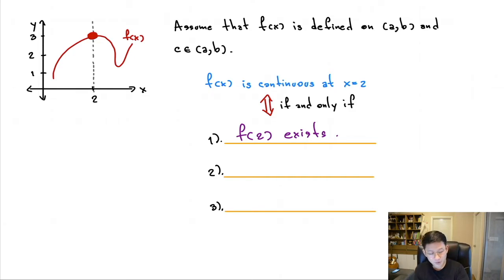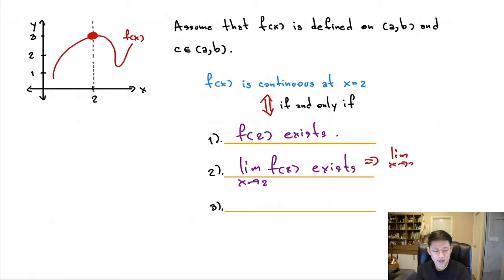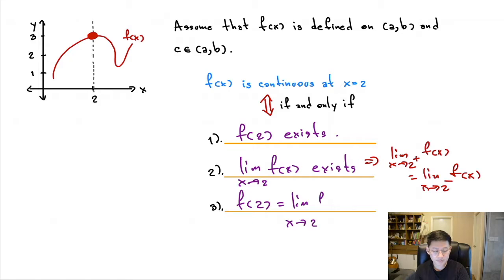Second, the limit as x approaches 2 of f(x) exists. This means that the limit as x approaches 2 from the right of f(x) equals the limit as x approaches 2 from the left of f(x). Make sense? And for the last one, we need f(2) to be equal to the limit as x approaches 2 of f(x).